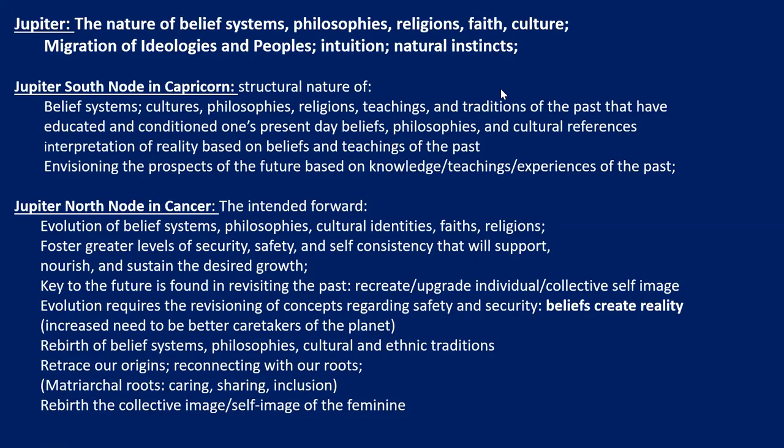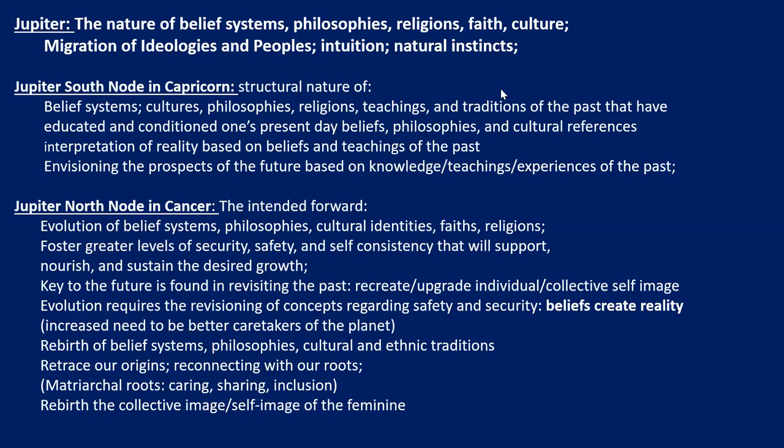Jupiter North Node in Cancer, this is the rebirth of those cultural identities and so on, and we see quite a great movement of indigenous peoples reclaiming their teachings and their cultural ways and their languages and so forth, right? This is so very, very important that we don't lose any of these things, right?